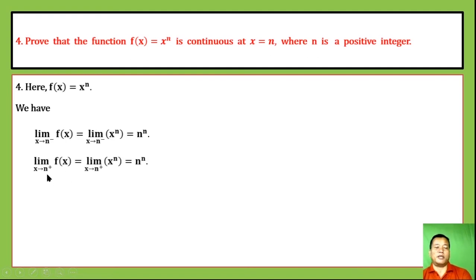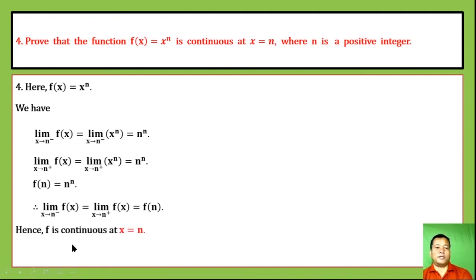Right hand limit at n is also n to the power n. f of n is also n to the power n. Therefore, left hand limit at n equals right hand limit at n equals f of n. Hence, f is continuous at x equal to n.